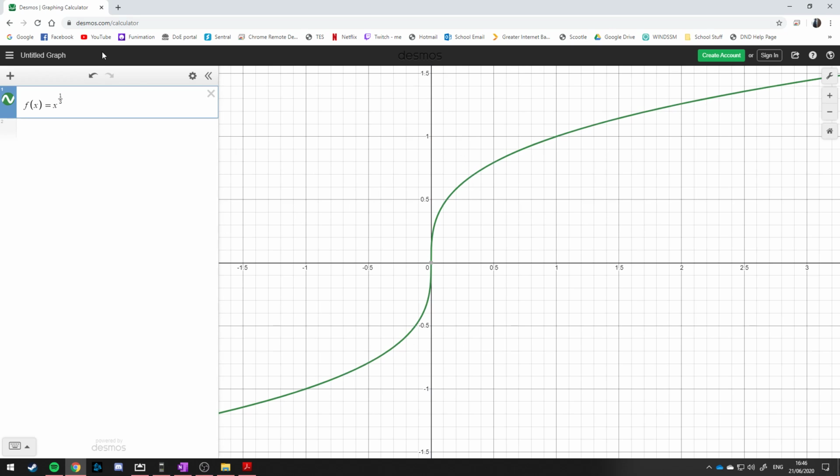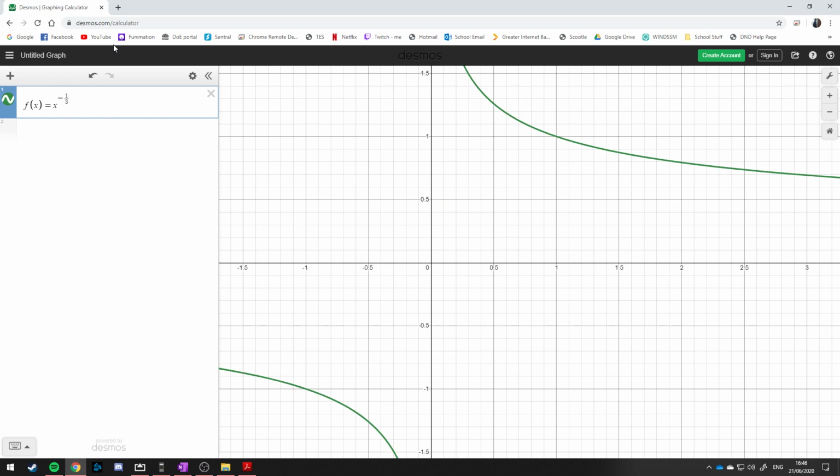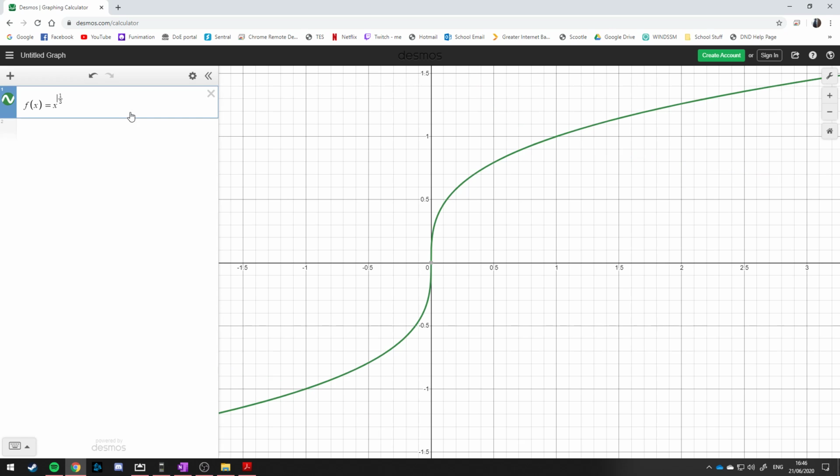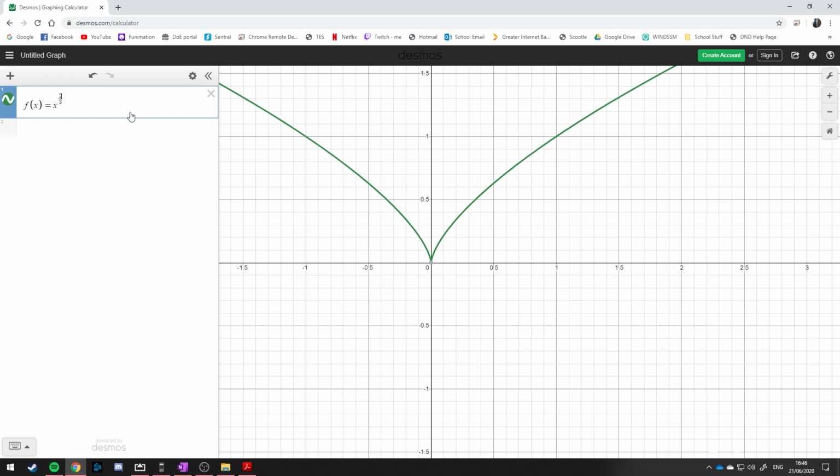Okay, so if I put in my function, x is equal to the negative, should be 2/3, not 1/3. I don't know why I was putting 1's there. So that should be x squared there. So x to the positive 2/3. We get this cusp. Oh wait, no, that's the derivative.